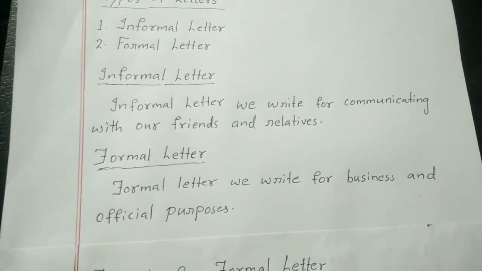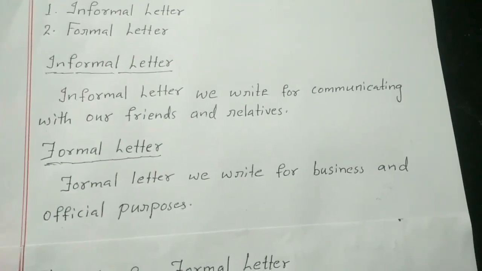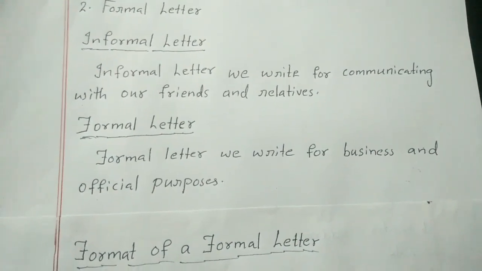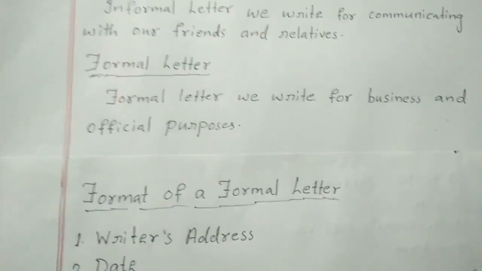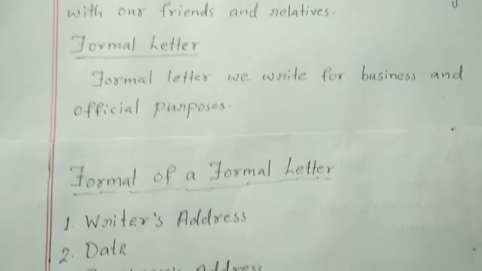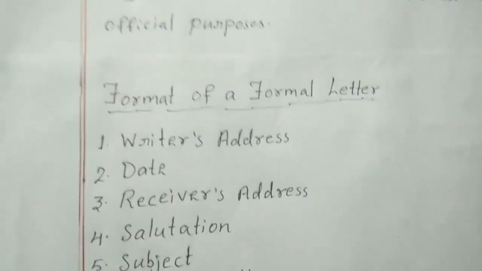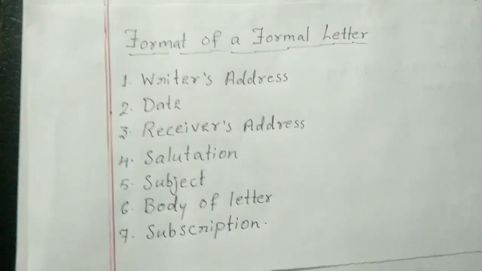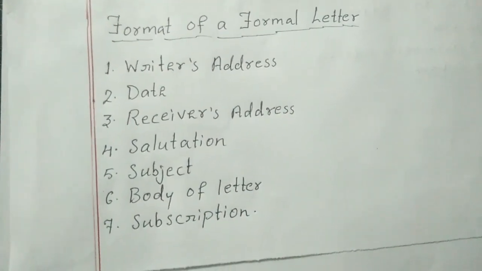Then give the heading formal letter. Formal letter we write for business and official purposes. Then give the heading format of a formal letter. And after that write one by one the format of a formal letter. 1. Writer's address. 2nd.